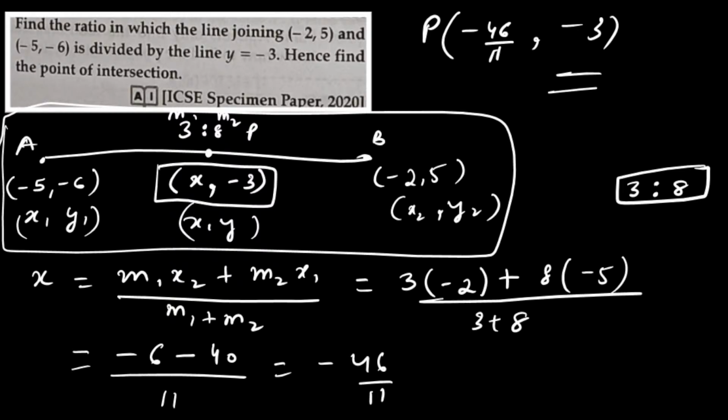It's minus, not positive. And if you are writing the points the other way and have taken the ratio 8 is to 3, still you will be getting the value of x as -46 by 11 only.